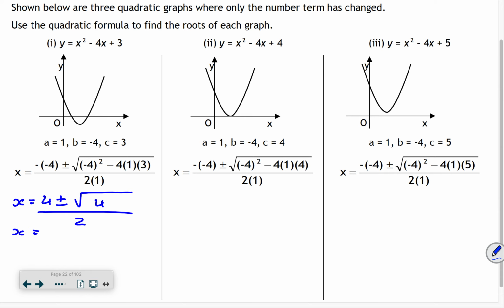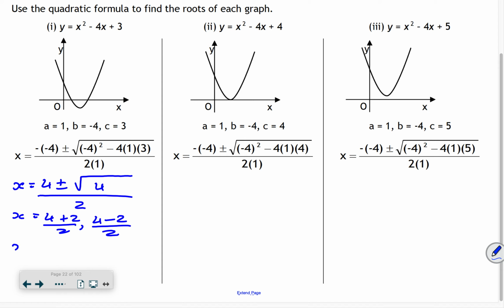So x is going to be 4 plus the square root of 4, which is 2, over 2, or 4 minus 2, over 2. So that means x has to be 4 plus 2 is 6, divided by 2 is 3. 4 minus 2 is 2, divided by 2 is 1. So the roots are going to be 3 and 1.